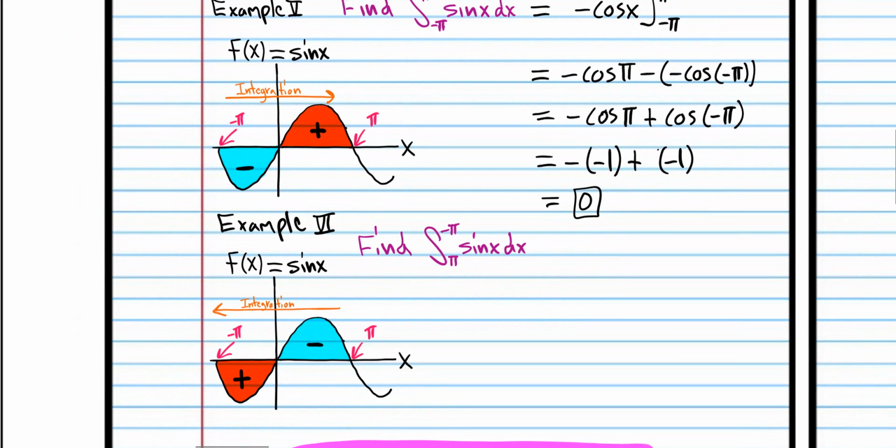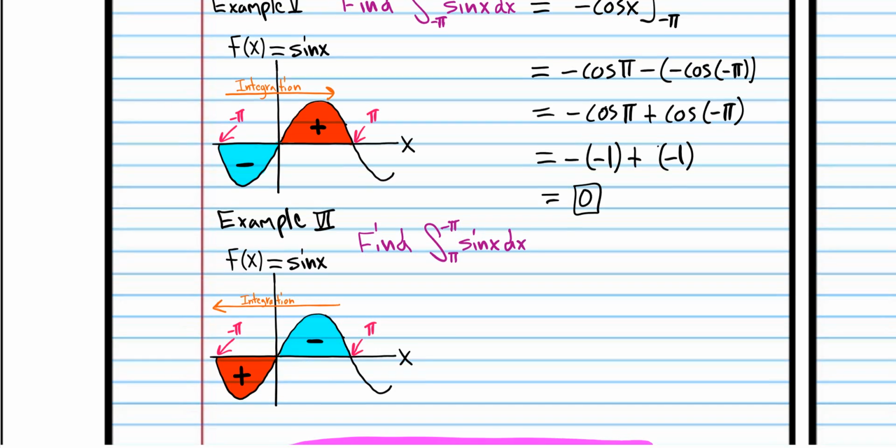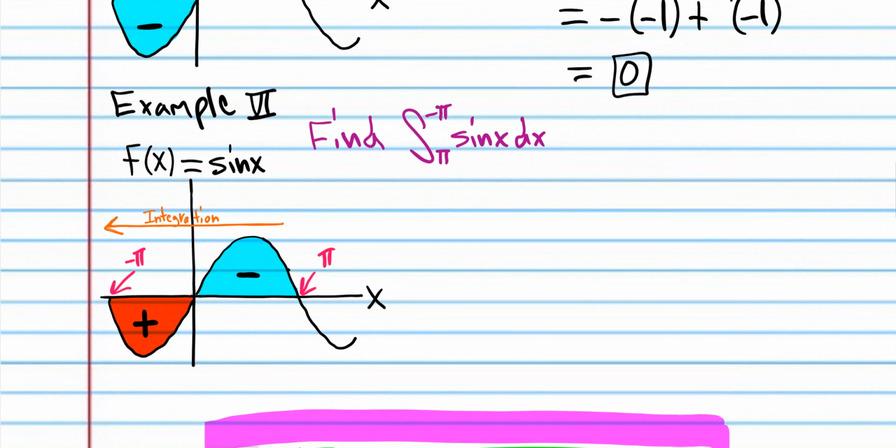Now, if you integrate in the other direction, then the area above the x-axis turns negative, and the area below turns positive. But again, if you integrate from negative pi to pi, you should get 0. So let's try. We have negative cosine x from pi to negative pi.